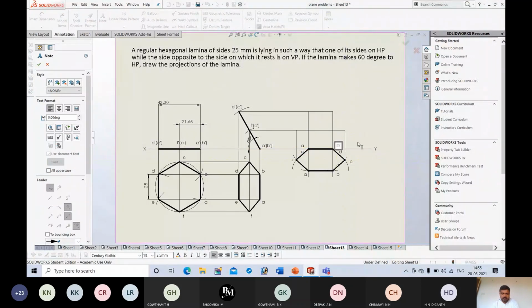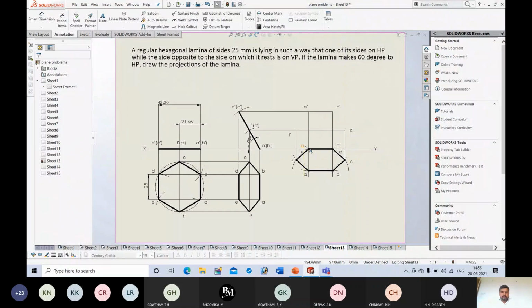A, B dash, C dash, D dash, E dash. So this is also, since it is front view, A dash.